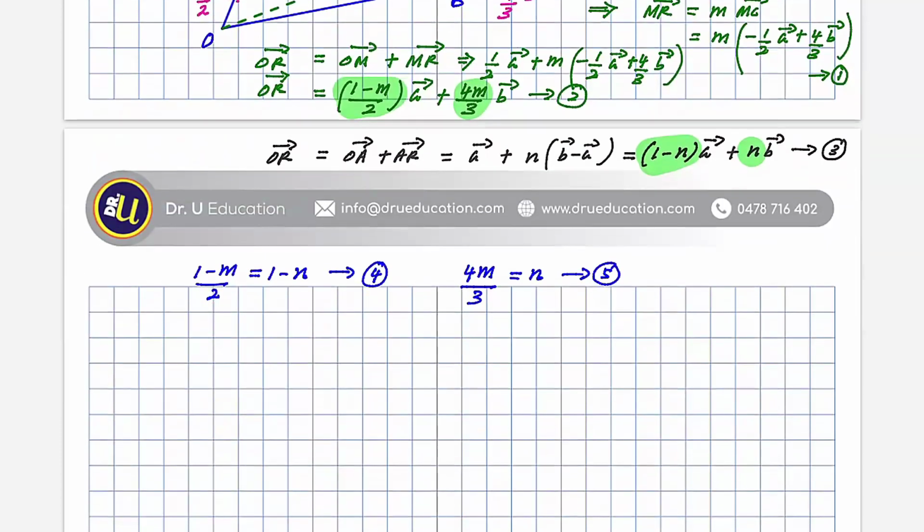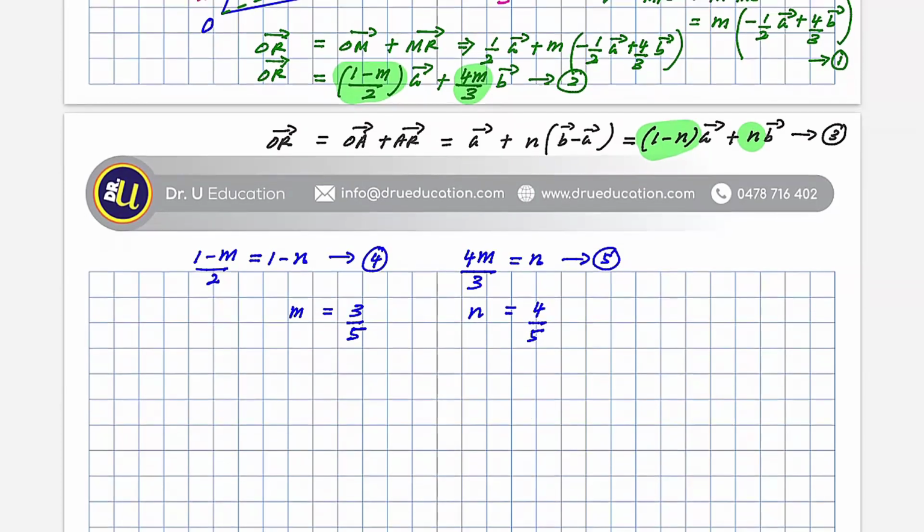So if you solve these simultaneously, what is the M value and what is the N value? M is 3 over 5. N is 4 over 5.